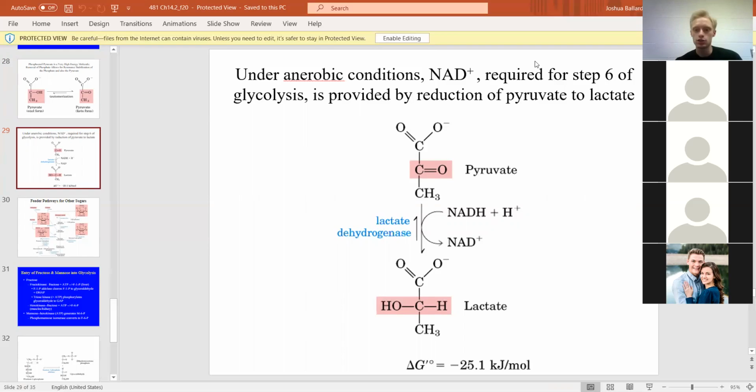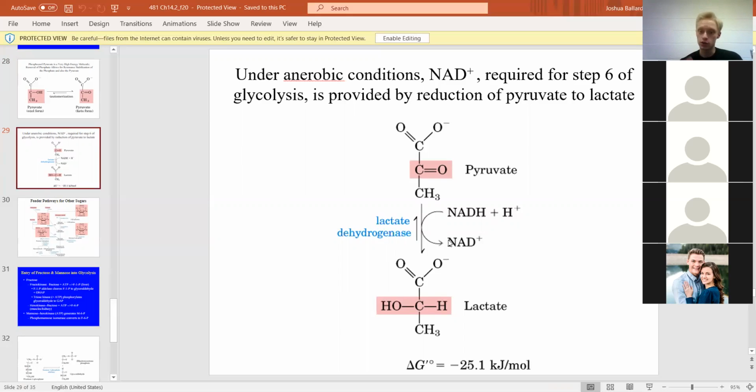Under anaerobic conditions, NAD plus is required for step 6 of glycolysis. So under anaerobic conditions, the only process that really occurs is glycolysis and this reaction here, because under anaerobic conditions, we need energy really fast. Usually under aerobic conditions, we have oxygen where the pyruvate is able to continue on to different processes like the Krebs cycle and the electron transport chain, and those generate an abundant amount of ATP.